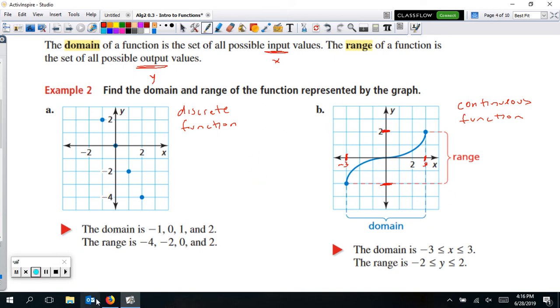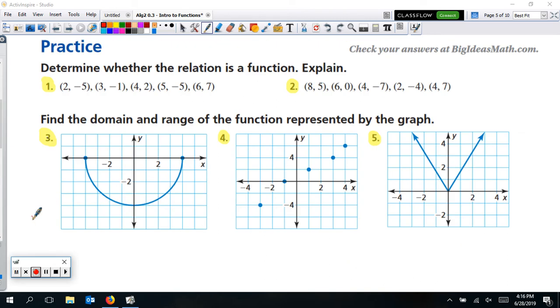Okay, so our next part is the practice. We're going to just determine whether the relation is a function. That's easy to do for number 1. Just look and see, does x repeat? So we have 2, 3, 4, 5, 6. X does not repeat. So we can say yes.